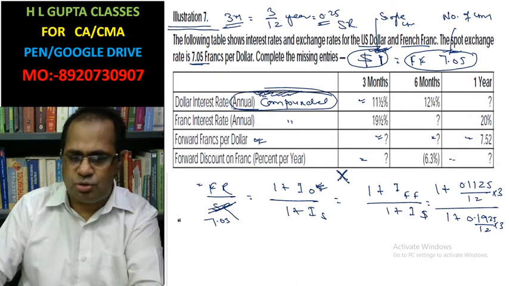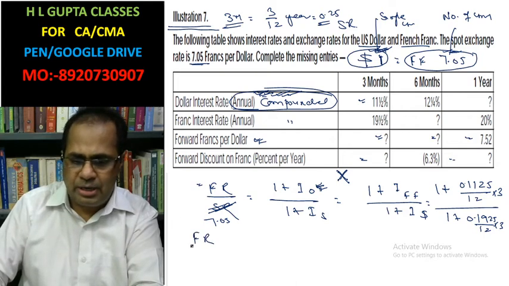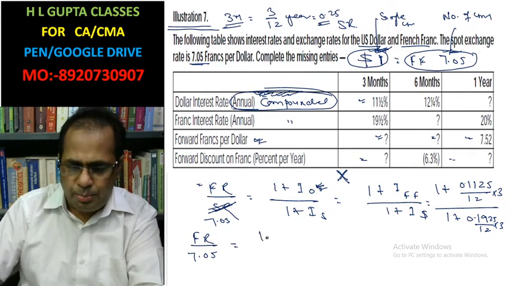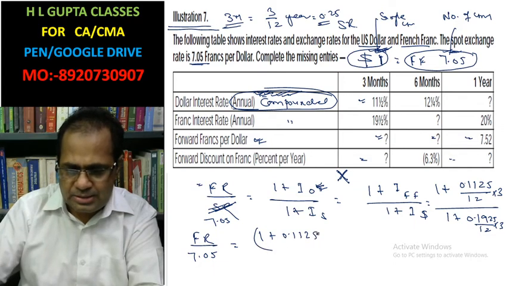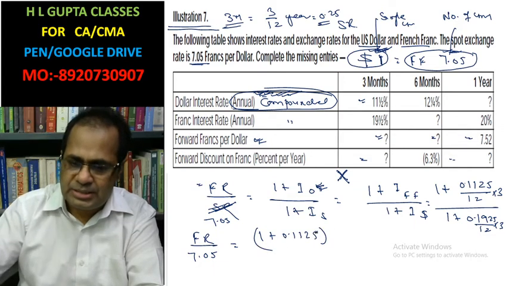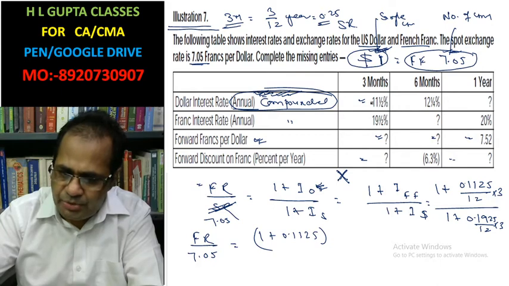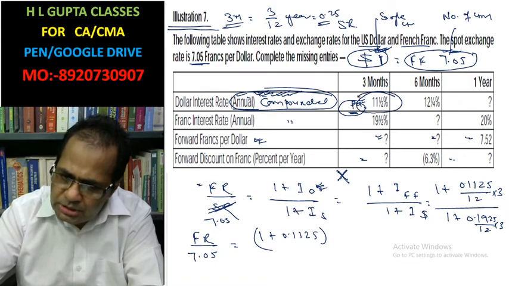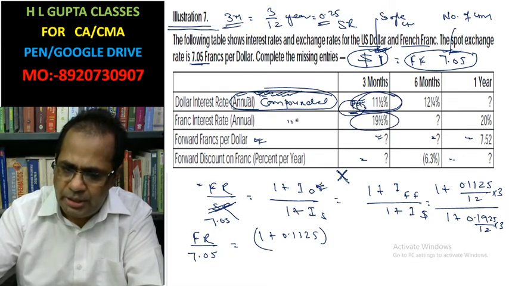What will be the correct solution in this case? Forward rate divided by the spot rate, in the place of the spot rate this is 7.05, equals 1 plus 0.1125, which is annually compounded. This is the interest rate per annum, so this is already in annual terms.